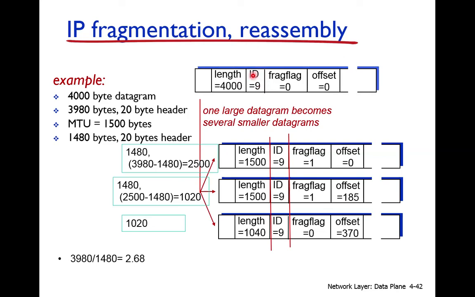This identifier is set by the node that originated the packet, in this case the source machine, so it will not change.